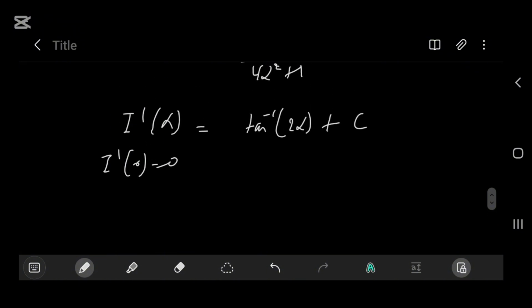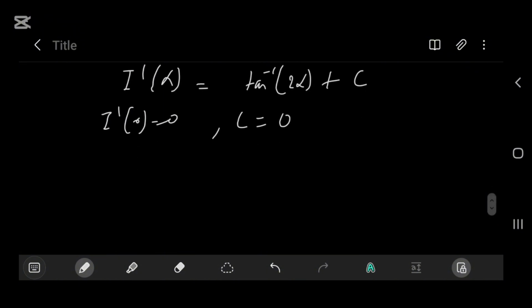So we can clearly see that the constant is actually 0. So what we have is the final form, I prime of alpha equals tan inverse of 2 alpha. So what's next?